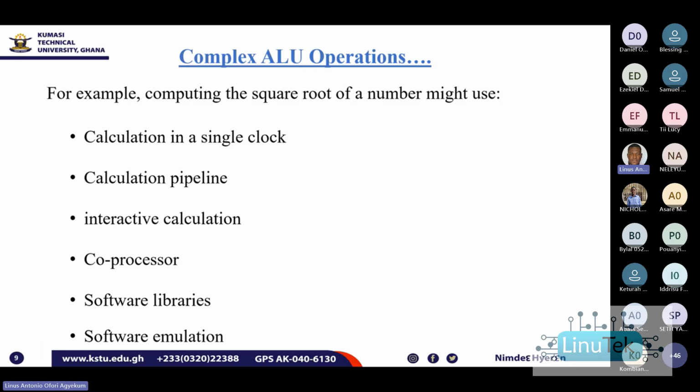It also allows for coprocessor processing, okay? And then ALUs also feature in software libraries and allow for easy programming. So these are some complex operations that ALUs are able to perform.